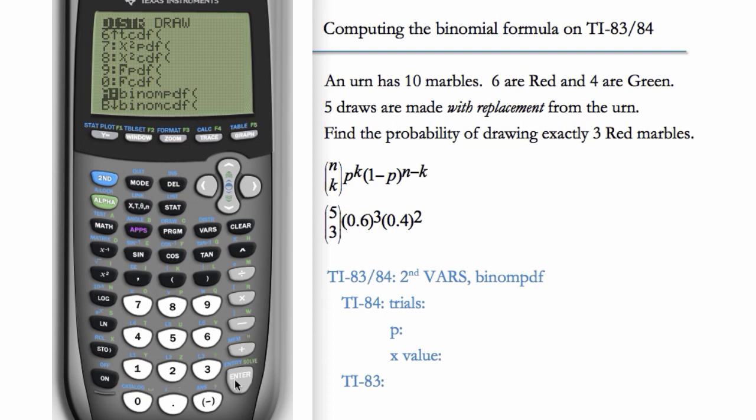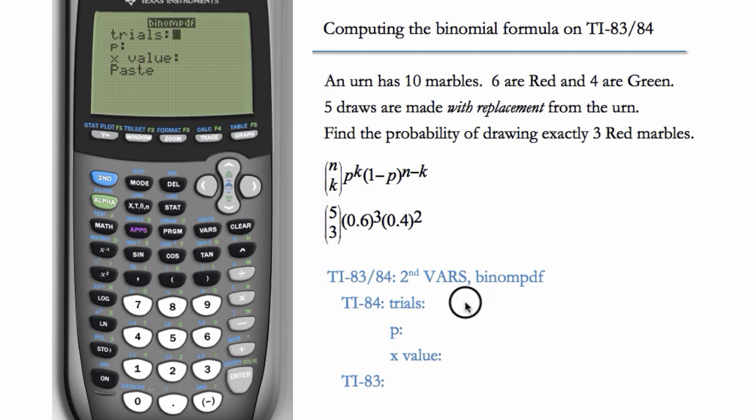Hit enter. And now on the TI-84, you have to enter the trials, p, and the x value. Here the trials corresponds to n, p corresponds to our probability, and our x value corresponds to k. So we're entering n, p, k.